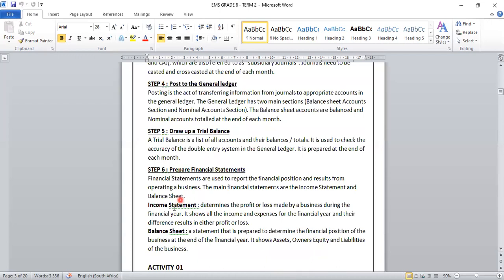Let's look at the income statement. An income statement determines the profit or loss made by the business during the financial year. It shows all the income and expenses for the financial year, and their difference results in either a profit or a loss.